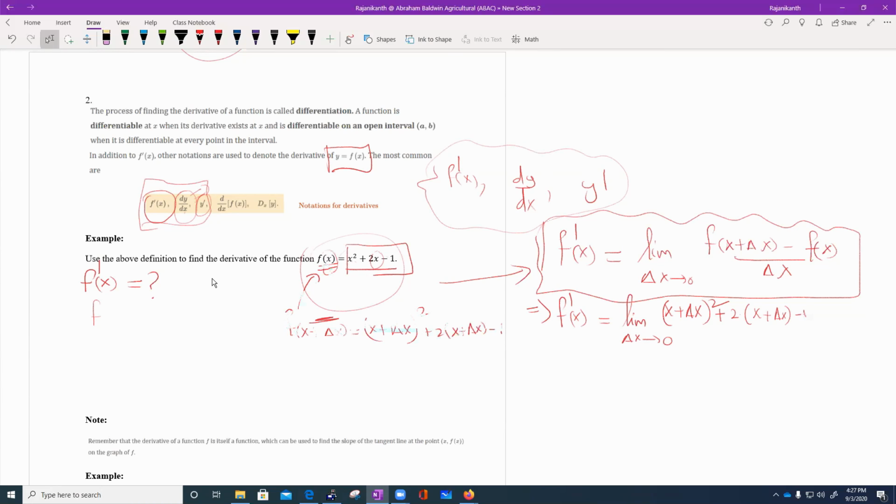So this is basically my f of x plus delta x. That is why I am writing that huge expression here. Now subtract f of x. What is our f of x? f of x was my original function. So write down that, and don't forget to put the parentheses. Okay, this all over delta x. Let me write it down one more time.